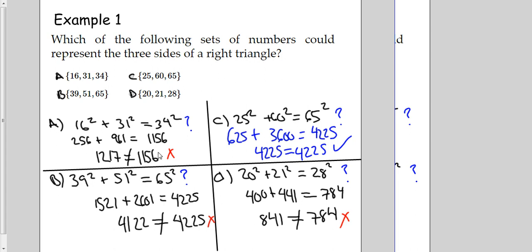So it's not a right triangle. The choice that satisfies the Pythagorean theorem is choice C. 25 squared is 625, 60 squared is 3600, 65 squared is 4225. 625 plus 3600 will give you 4225. So this satisfies the Pythagorean theorem. So the answer is choice C.